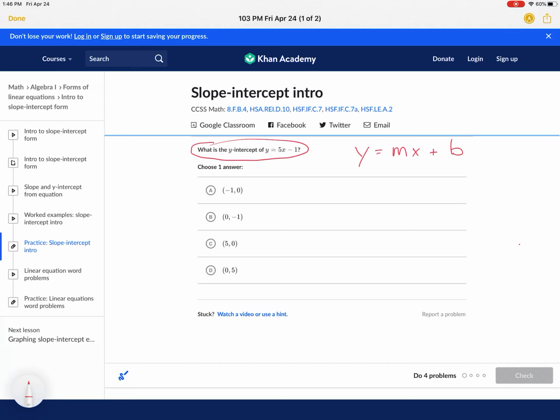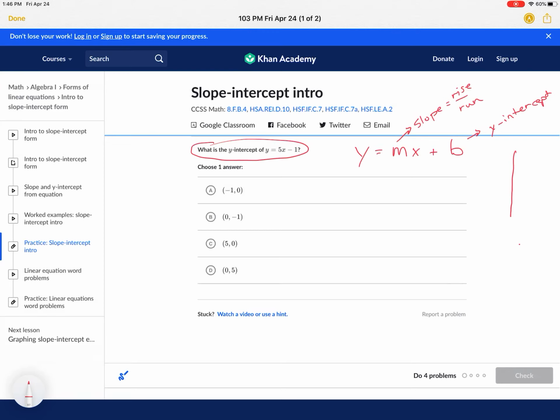Once we figure out what m and b are, we can start to feel a little bit more comfortable about this. So m is your slope, which equals your rise over your run, and b is your y-intercept. That's going to be where your graph crosses the y-axis.